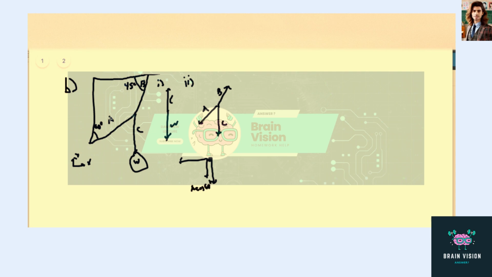And the horizontal component will be A times the sine of 60. And the vertical component of B will be B cosine 45 degrees. And the horizontal component will be equal to B times the cosine or sine of 45 degrees. But those are synonymous anyways.